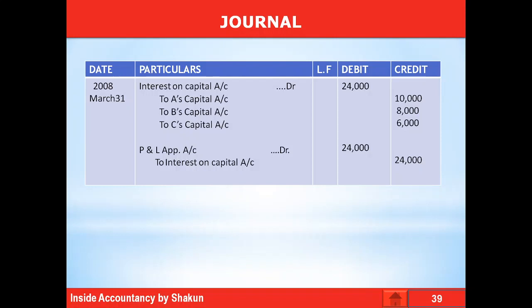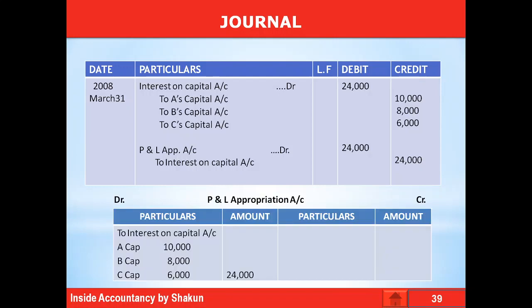Now let's see how these items will be shown in the profit and loss appropriation account. Interest on capital will be debited in P&L appropriation account. On the debit side, we write to interest on capital. You have to show it separately for all the partners and then the total is shown in the amount column. Please remember that we are only making the postings of the entries where P&L appropriation account is debited or credited.